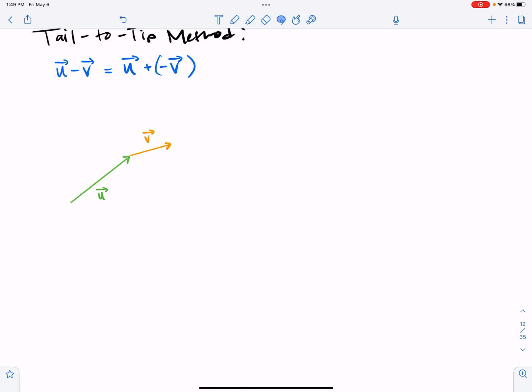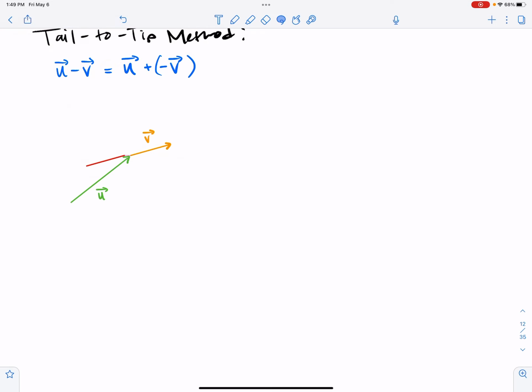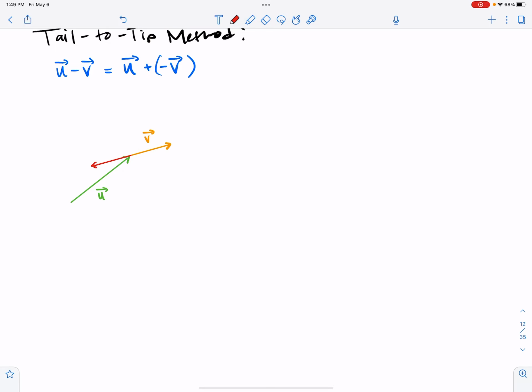But negative vector v would just be this vector pointing in the opposite direction, so pointing in this direction.